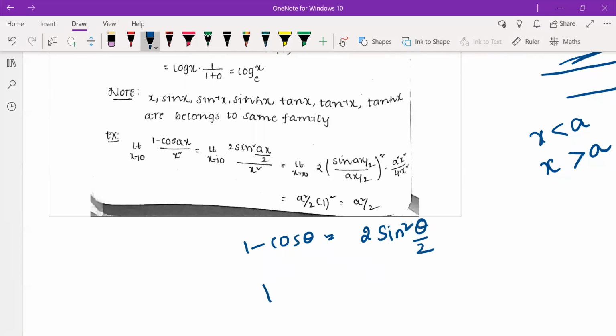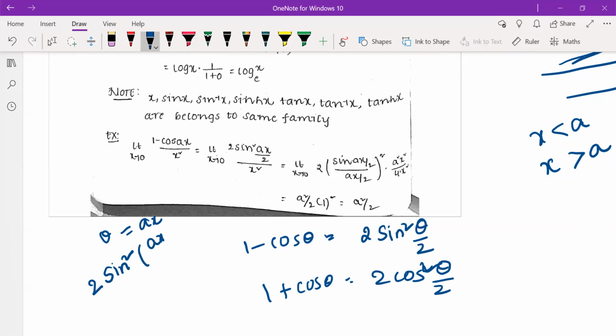Similarly, there is another formula, 1 plus cos theta equals 2 cos square theta by 2. Here theta equals ax. So 1 minus cos ax will be 2 sine square of theta by 2, where theta is equal to ax. So 2 sine square of ax by 2, by x square.